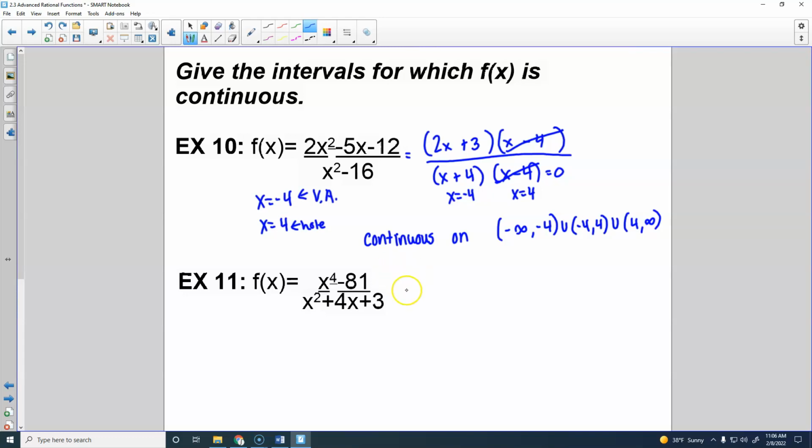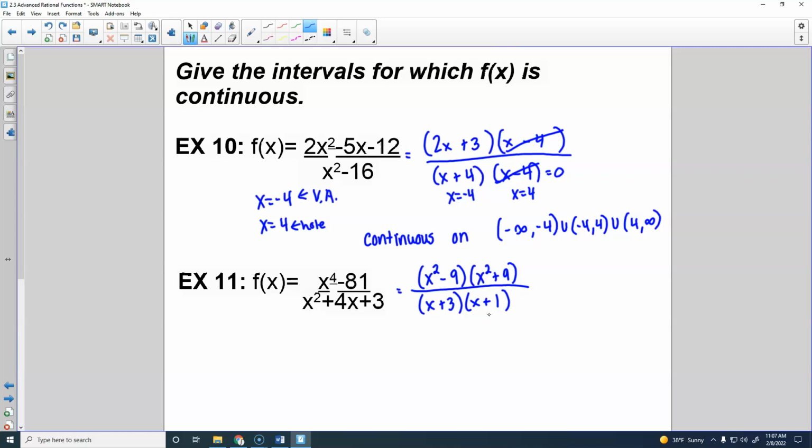Alright, and this last one we're going to do real quick. X to the fourth minus 81. This is a difference of squares, but I've got x to the fourth, so it's going to have to be x squared minus 9, x squared plus 9. And my denominator will factor into x plus 3, x plus 1, I believe.